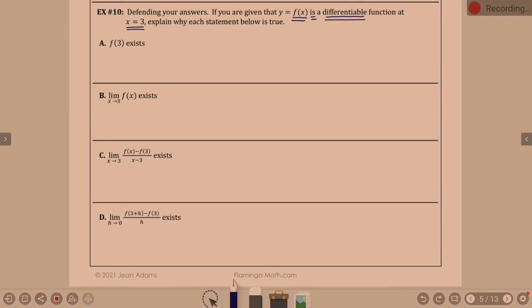Okay, so my defense is that if f is differentiable, then f is continuous. And as soon as you say continuous, then by definition of continuity, we say f of 3 must exist. Basically, you have to get to continuous to say that point exists. And by saying it's differentiable, we do that.